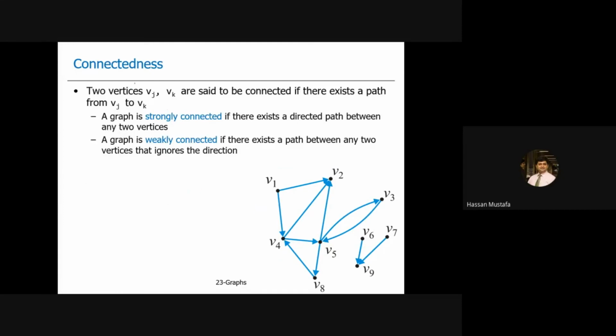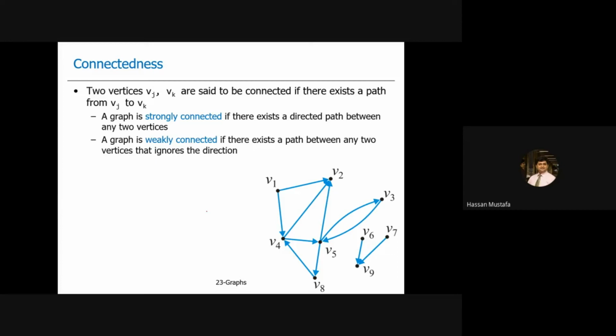Then the definition of connectedness is slightly different here. A graph is strongly connected if there exists a directed path between any two vertices, which means that if I follow the direction of the edges and the graph is still connected, that is, every vertex is connected to every other vertex, then the graph is said to be strongly connected.